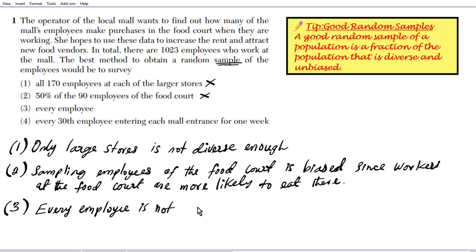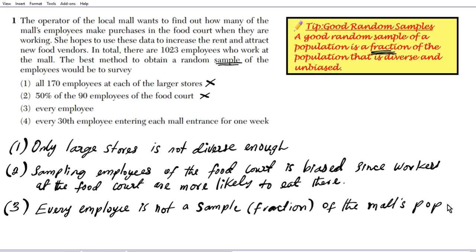You want to look for a portion, as indicated earlier, a fraction of the entire population that will give you an idea of how the entire sample space will behave. So every employee is not a sample, or you can think of it as a fraction of the mall's population.